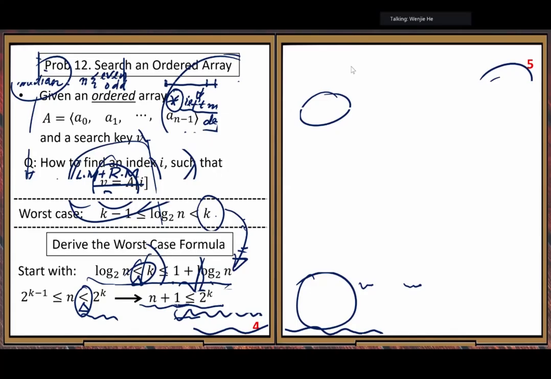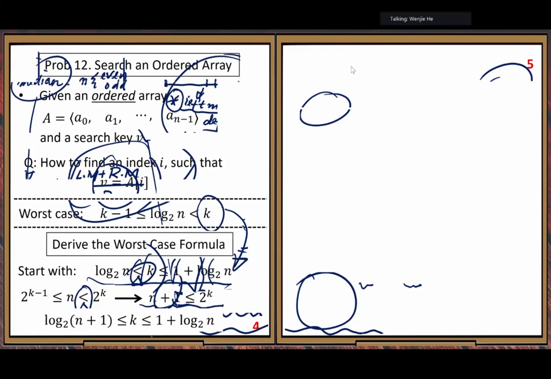So we improve it by 1. Then we get an improved version, because both places we have the less than or equal case. So we improve the inequality slightly.